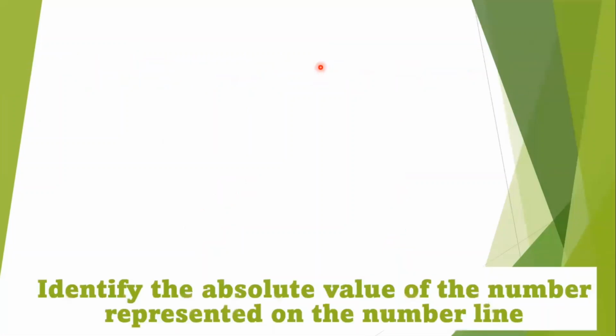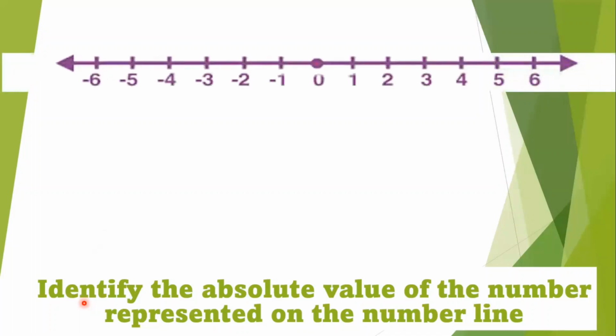Next. So this time, we're going to identify the absolute value of the number represented on the number line. So kung kanina, ni-represent natin siya sa number line, ngayon, kukunin natin mula sa number line. Paano kung babaliktarin natin? So we have here the number line.